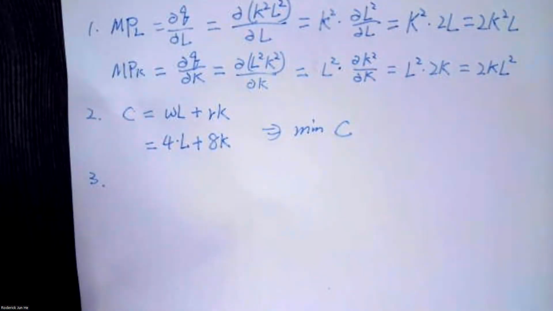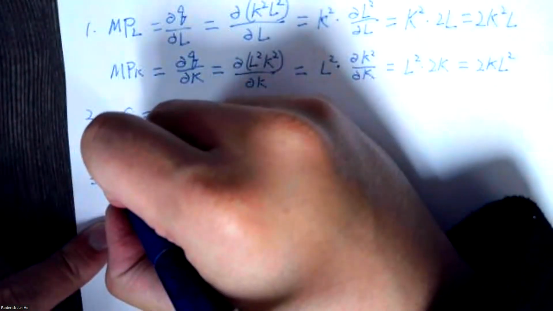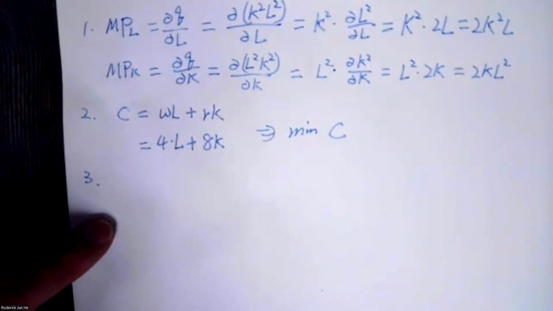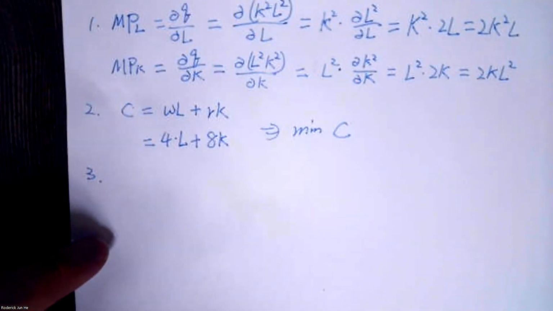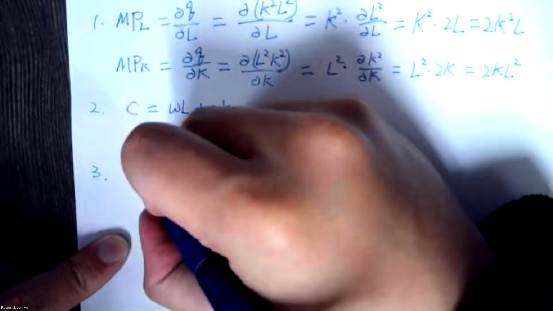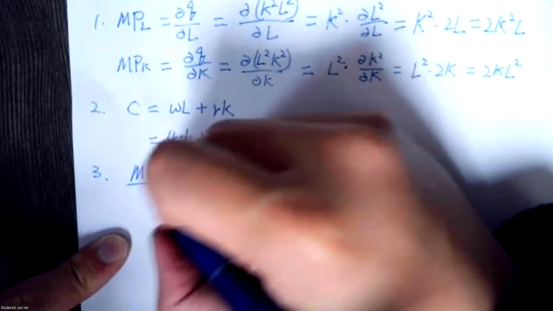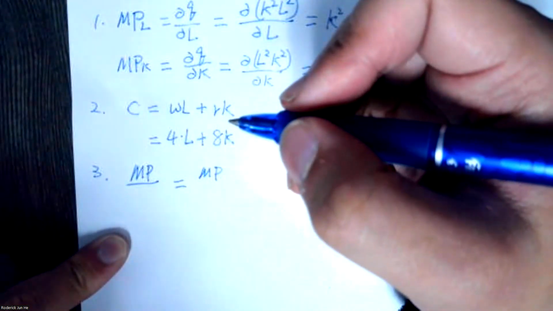Now, question 3: what is the expression of the tangency, namely the optimal rate of substitution between K and L? Here we refer to the golden rule: the marginal product of which producing factor over the price of which production factor.